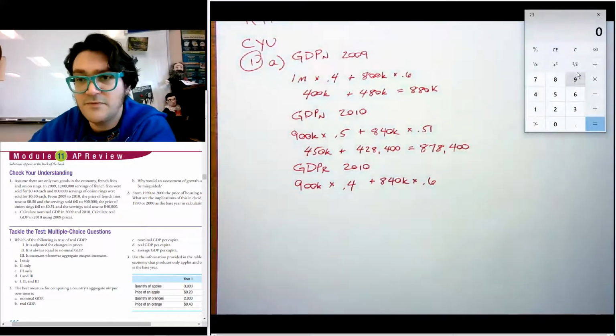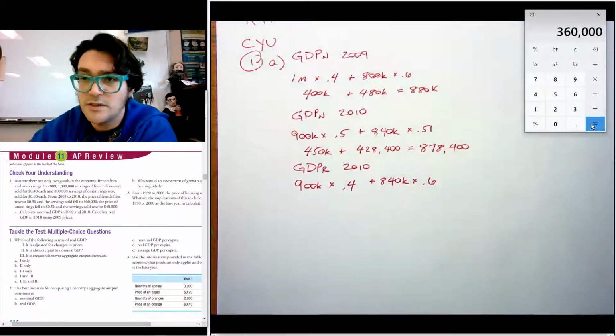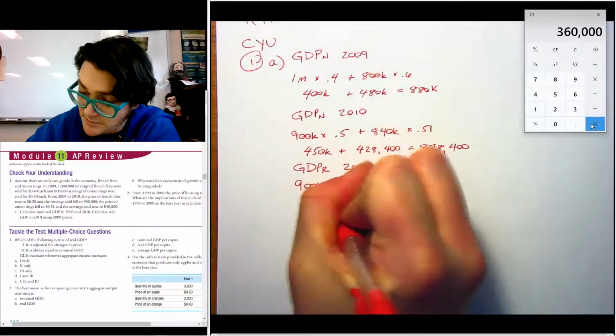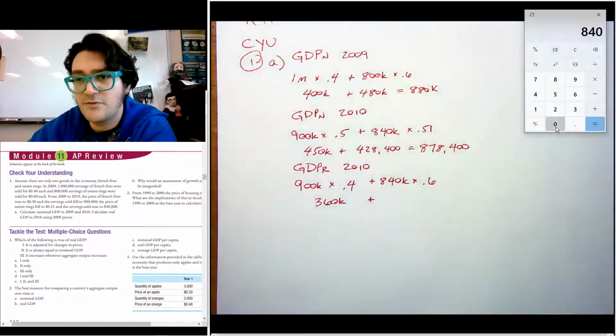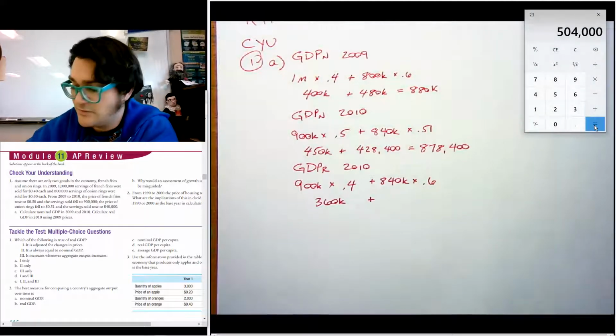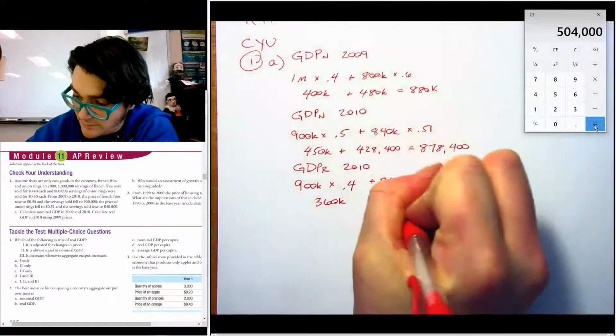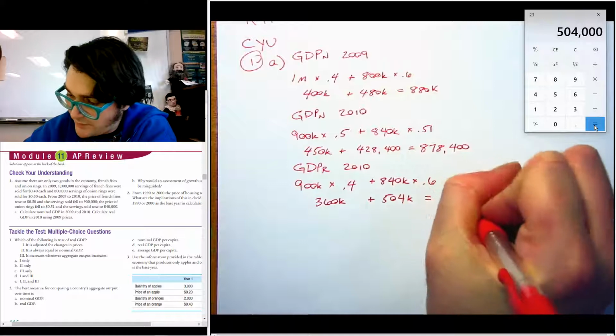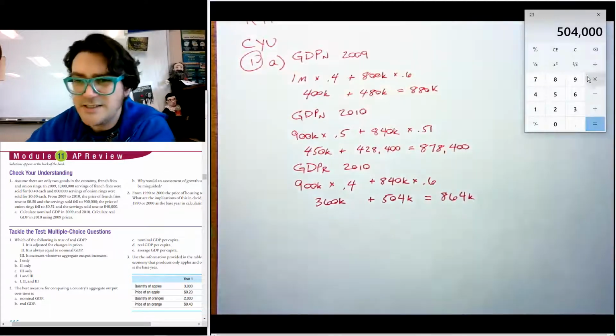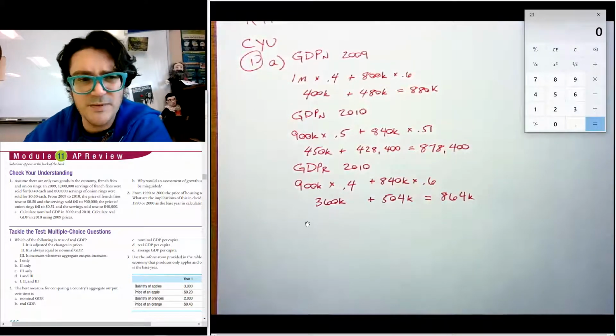So 900,000 times 0.4 is 360,000, plus 840,000 times 0.6, which is 504,000. That gives 864,000. Like, what was the point of all that math?